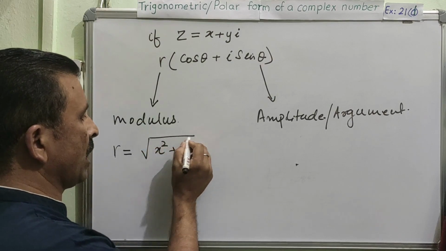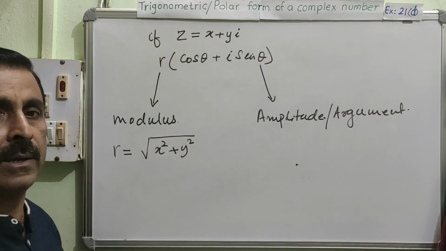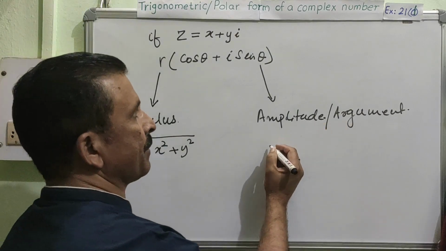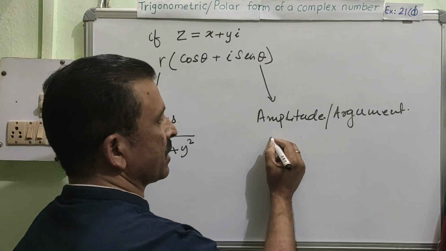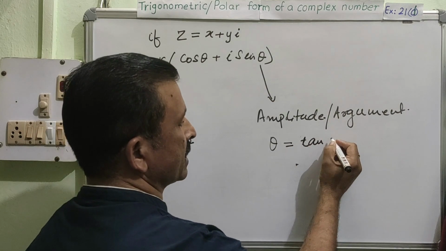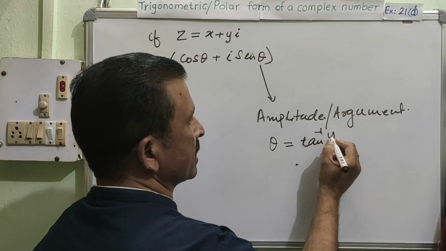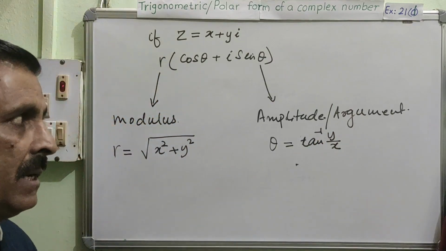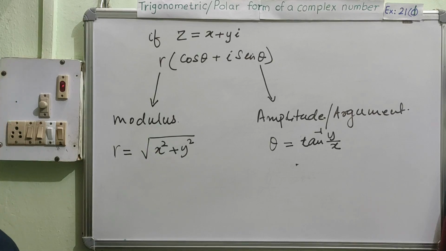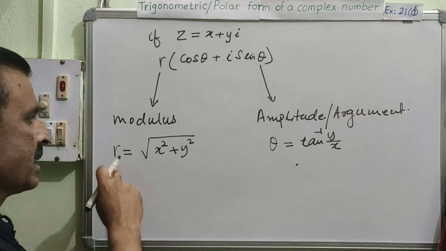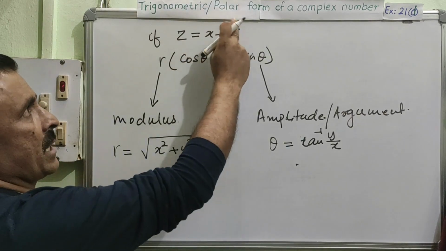Now the amplitude theta is equal to tan inverse y over x. This is the formula we can use for finding the amplitude or the argument.